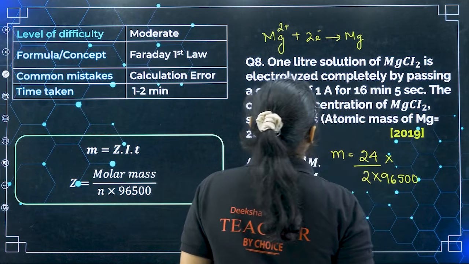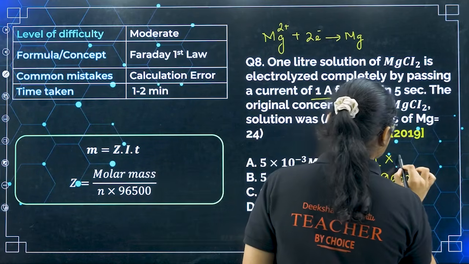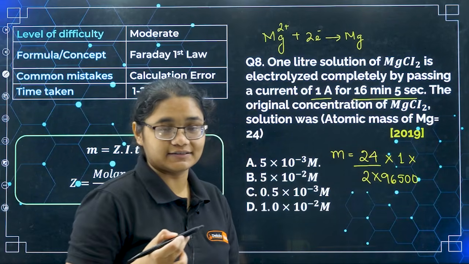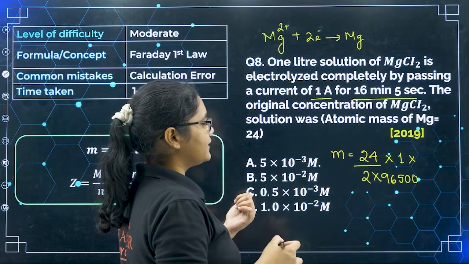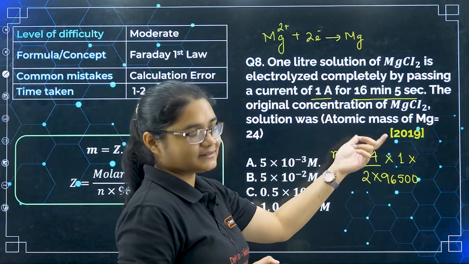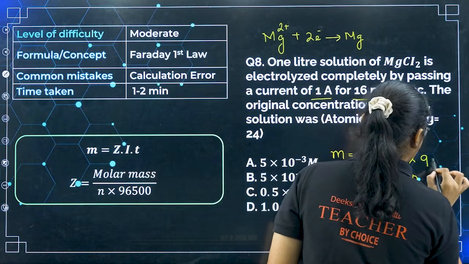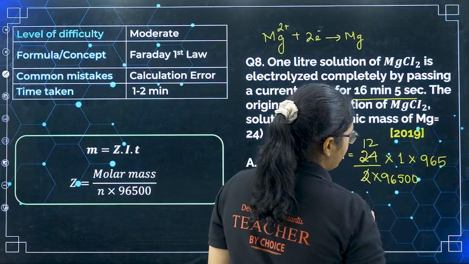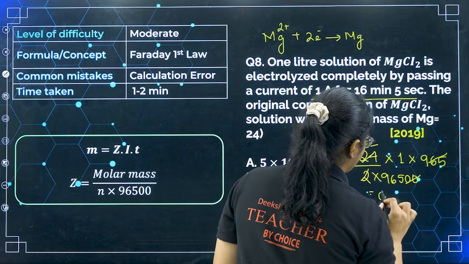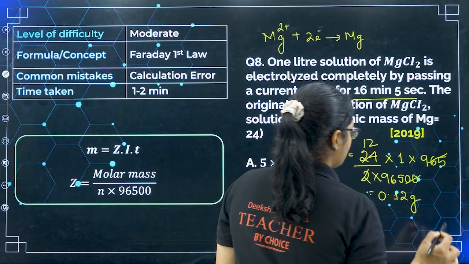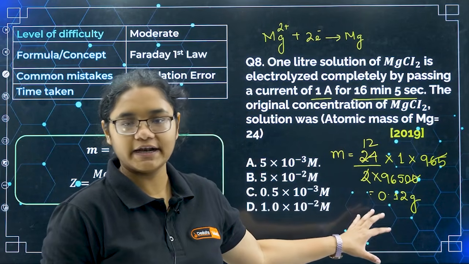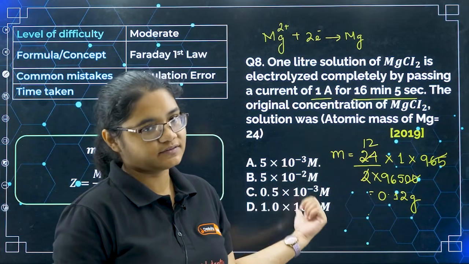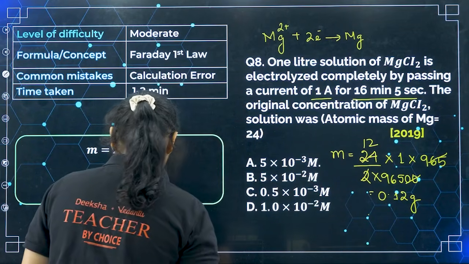Then I have I, current here is 1 ampere, okay, and I have 16 minutes and 5 seconds. So 16 into 60 is 960, plus 5 is 965 seconds. Okay, so you can see how we can cancel this one. So this will become 12, okay, and this one I can cancel. So I'll get 0.12 grams. So how much mass of magnesium is deposited? 0.12 gram, or that much gram of magnesium is present in the solution. Now can we calculate the molarity?